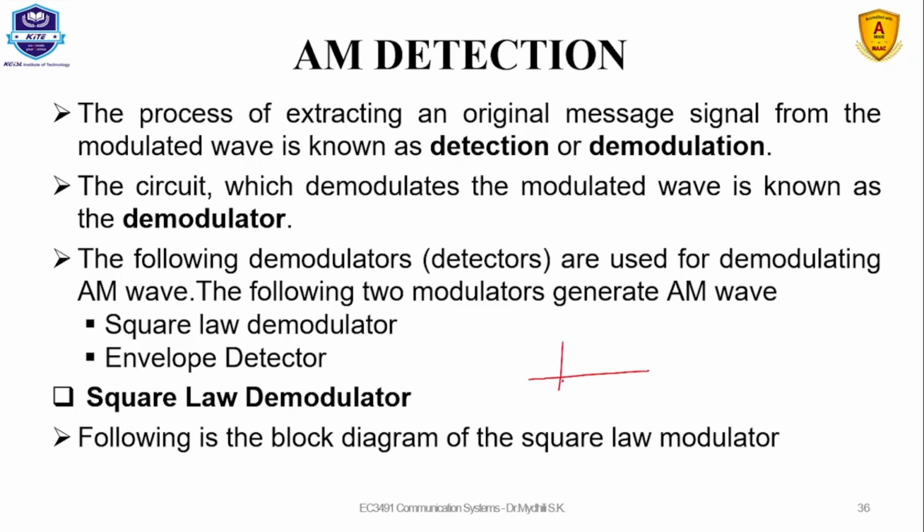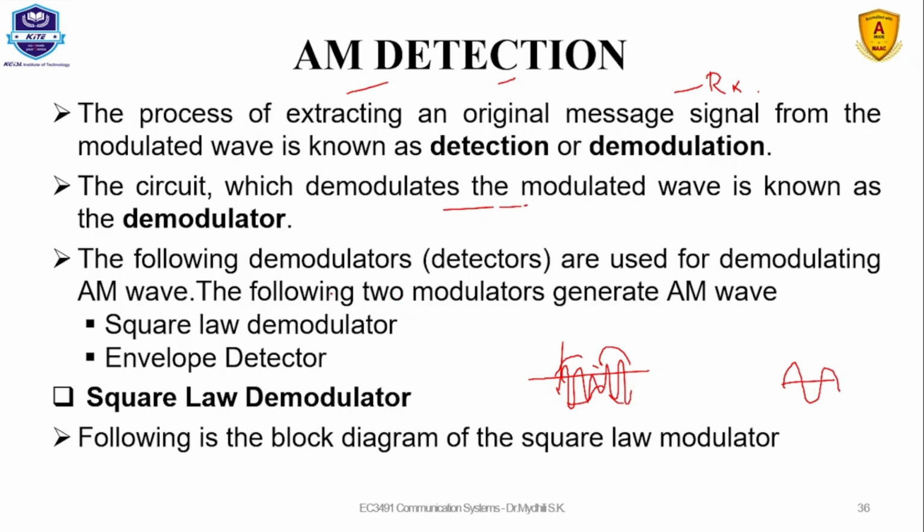We have generated an amplitude modulated wave. Now we want to detect or demodulate it to get the message signal at the receiver end. This AM detection happens at the receiver end, and it is the reverse process of modulation.